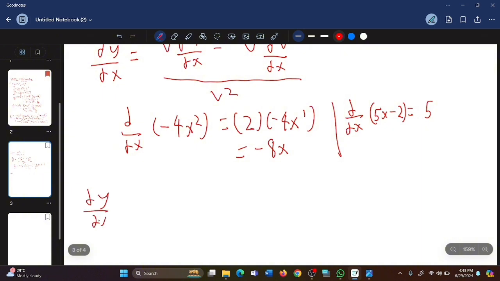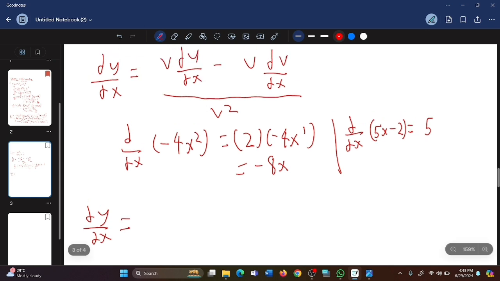In dy by dx, we first need to write v. According to the formula, we first need to use v. What is v? V was 5x minus 2. So let's write 5x minus 2. Then we write du by dx. What was du by dx? Minus 8x. So let's write minus 8x. Then we subtract. Then we write u. What was u?